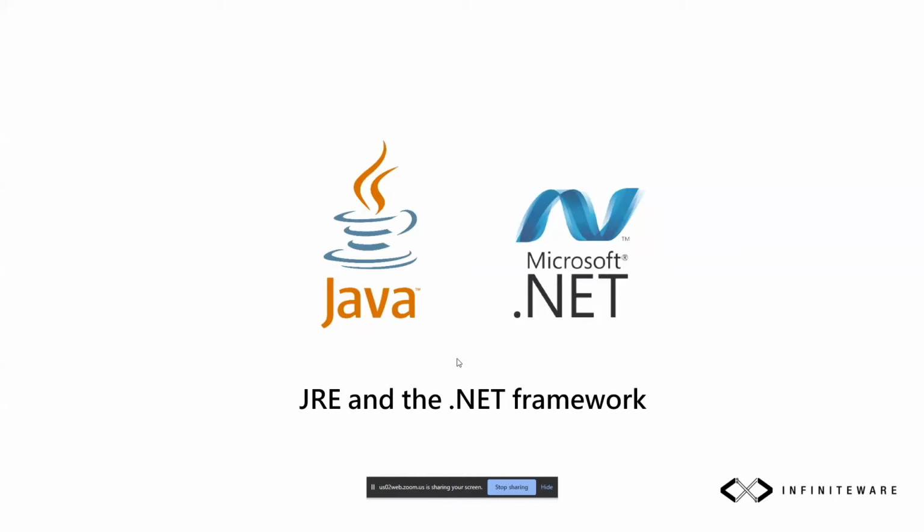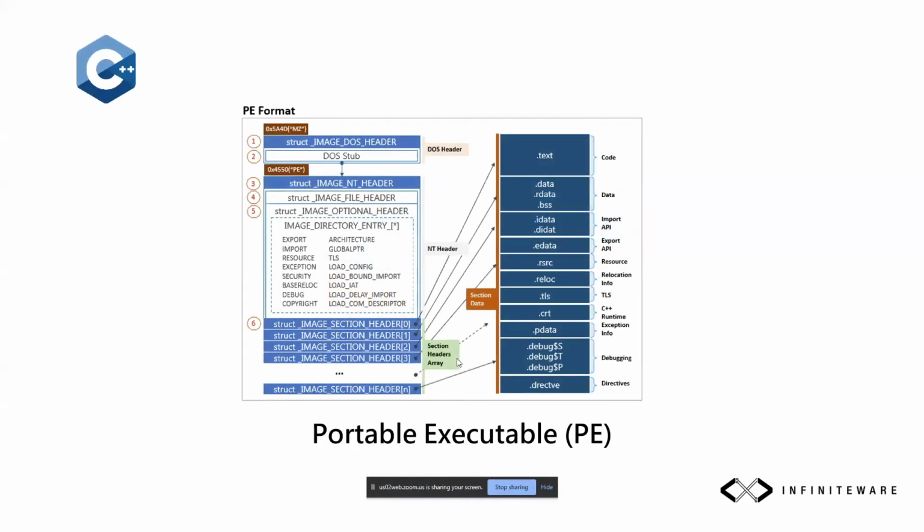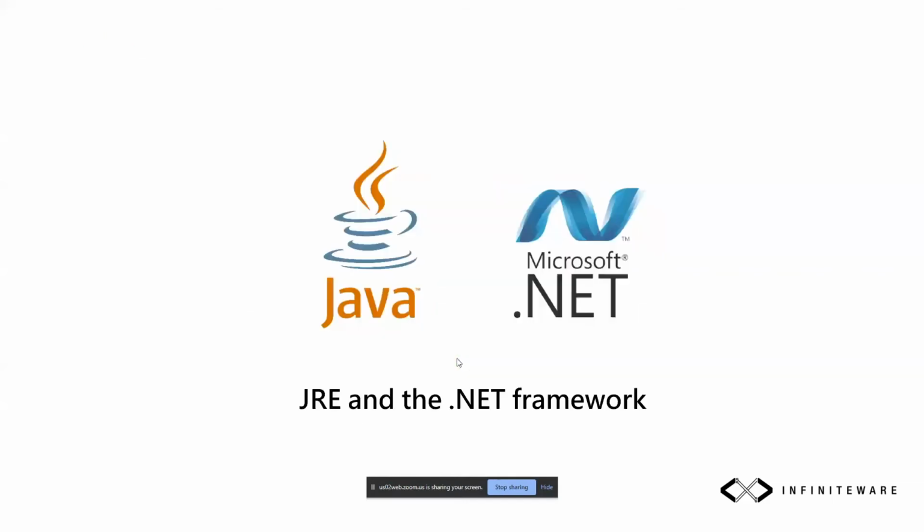It's again another translator. So when you have your .NET code and you port it to Linux, even though you have the .exe compiled version, it's not a PE, just like this one. It's not a PE format that runs natively on Windows. It's another format that essentially talks to the virtual machine. Basically, the virtual machine is just a program that reads your code and acts like a virtual machine.